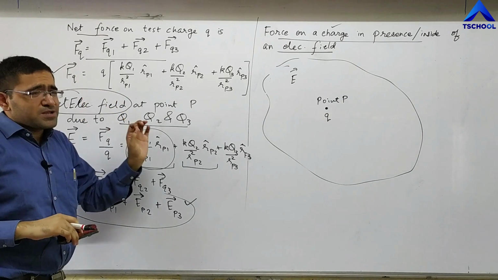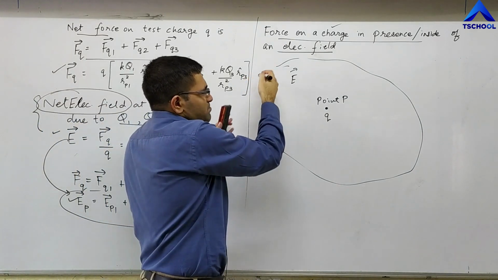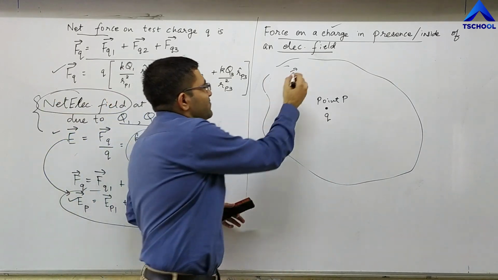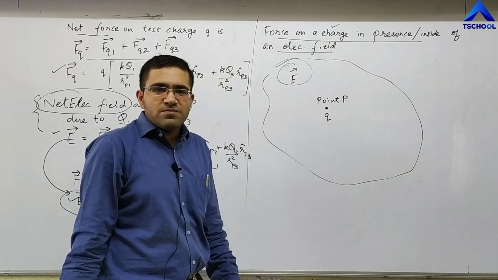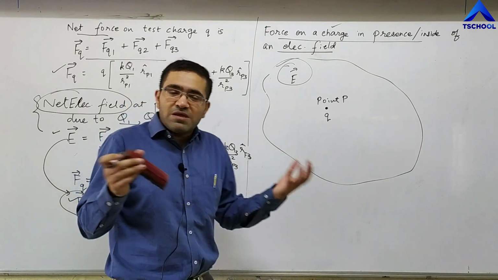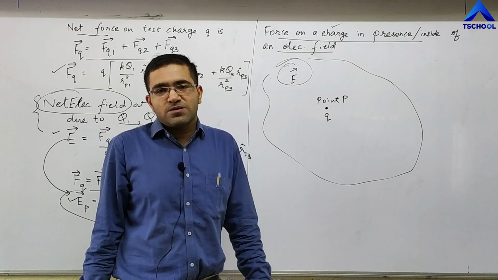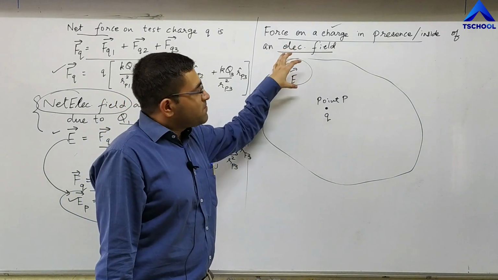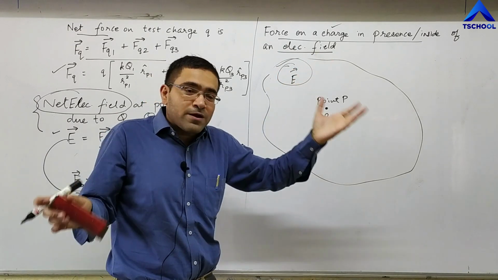Then the same idea here. Let's say that there are maybe hundreds or millions of charges, any number of charges, that have created this electric field. We don't know how many there are and we don't know where those charges are.